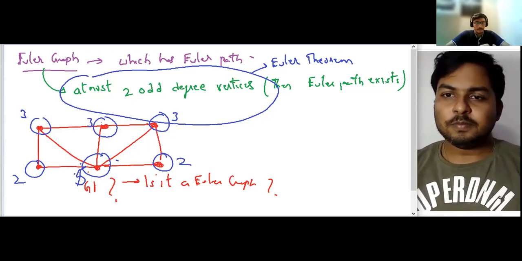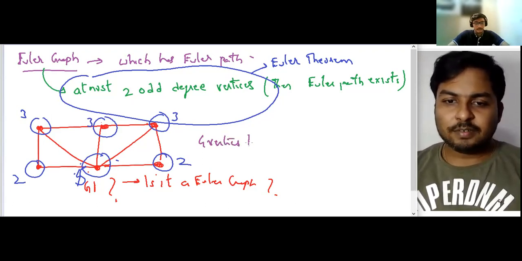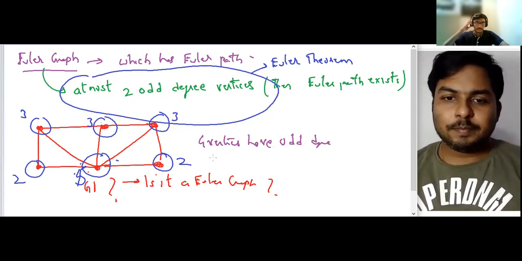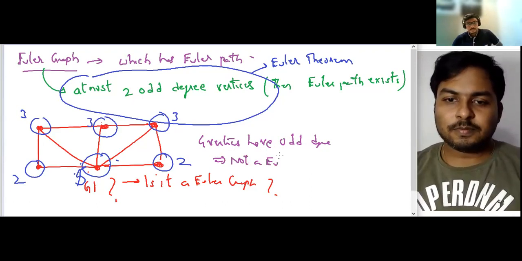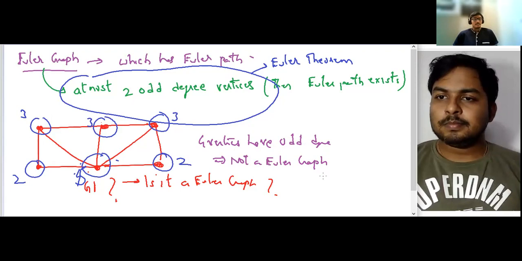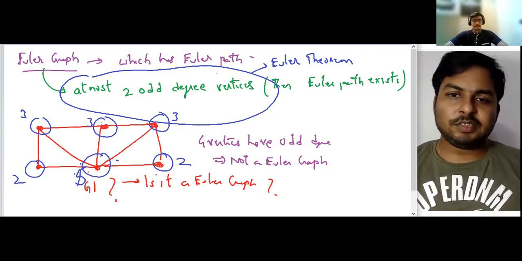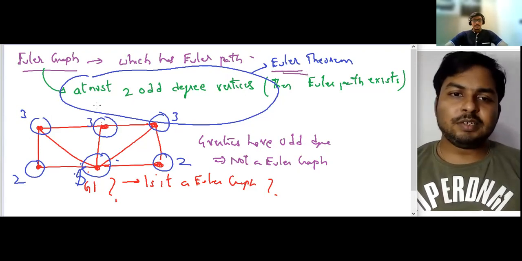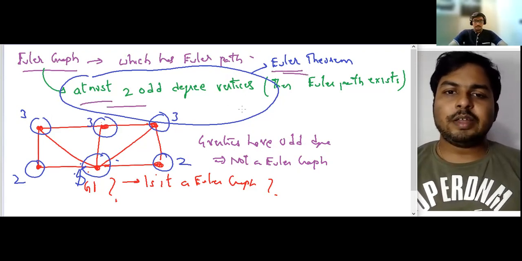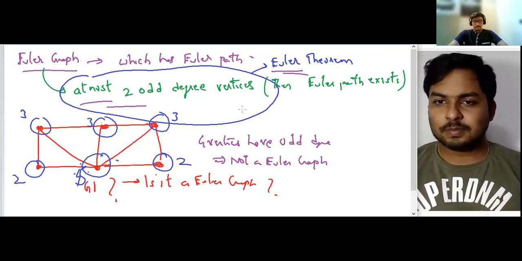Since four vertices have odd degree, it is not a Euler graph. What is this Euler theorem saying? Euler theorem says that at most two odd degree vertices should be there, but we have four, so it's not a Euler graph. Understood?